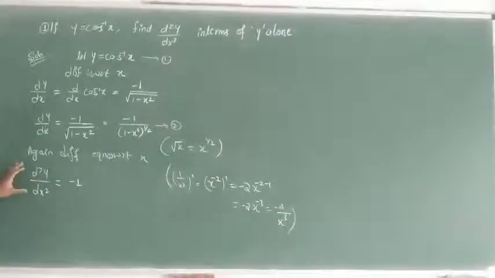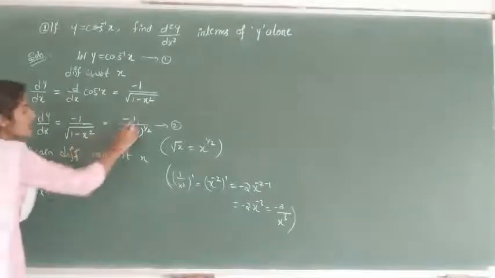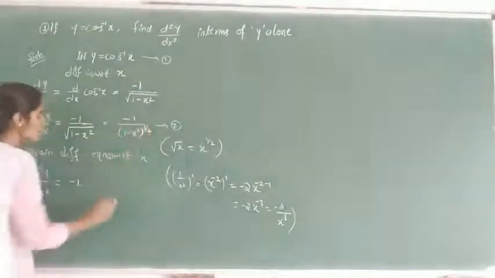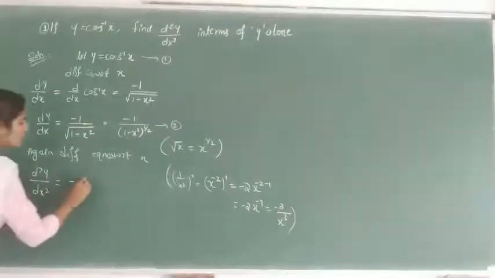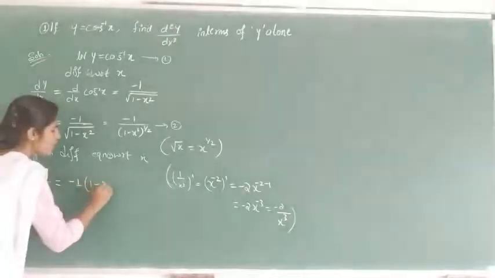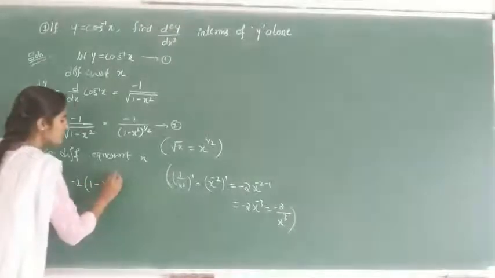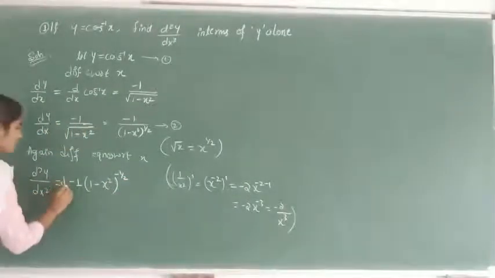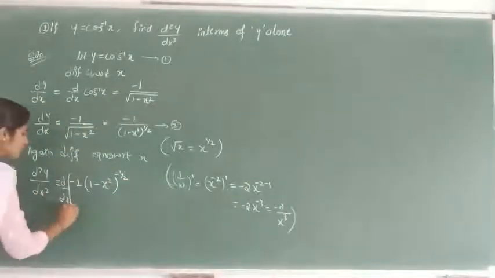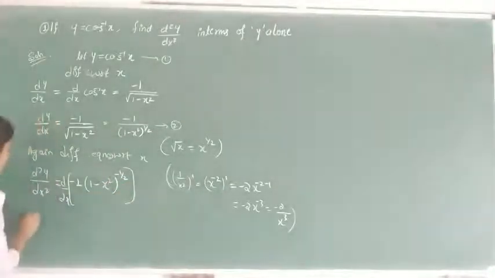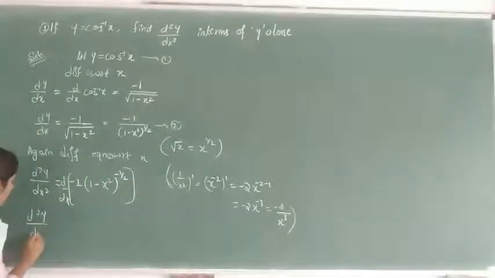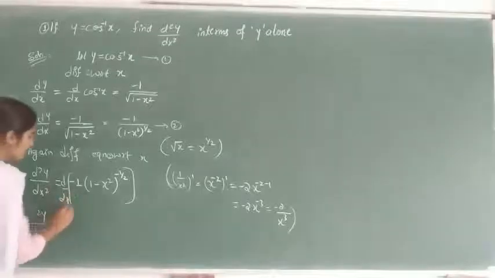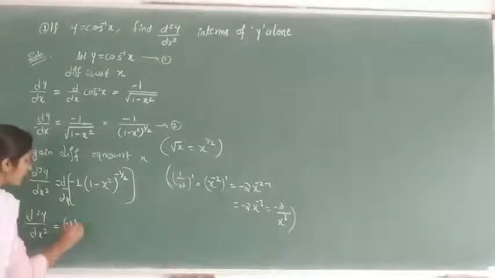Similarly, the derivative of 1 divided by (1 minus x square) whole to the power 1 by 2 can be calculated by writing it as (1 minus x square) whole to the power minus 1 by 2. So d by dx of this function, d square y by dx square is equal to minus 1, constant as it is.